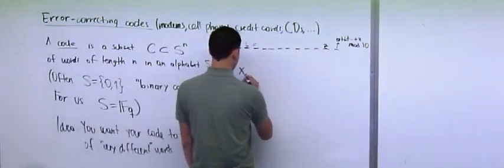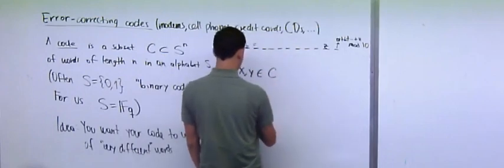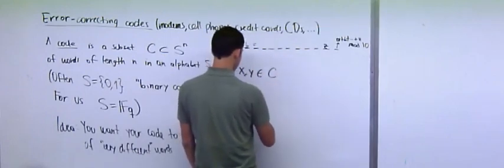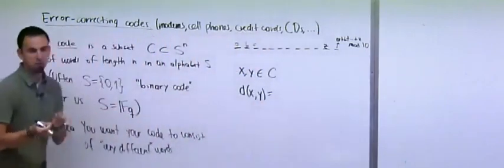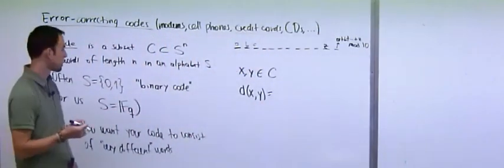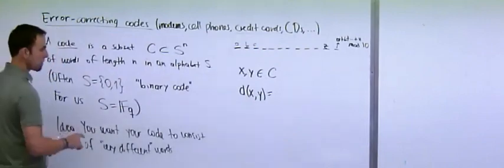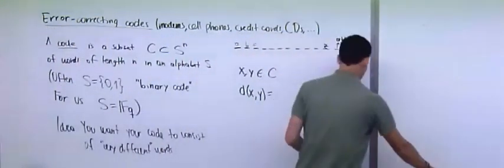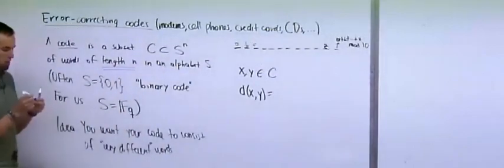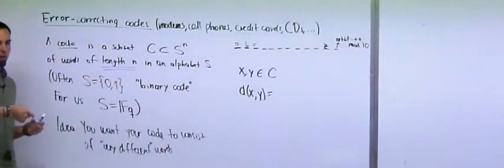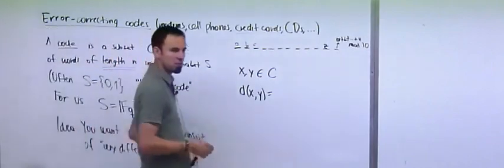So if x and y are words, then the distance between them is just going to be the number of positions in the word where they disagree. And one thing that I want to emphasize is that all these words have the same length. Okay? So you're just going to compare letter by letter, and you're going to see how many positions they disagree in.